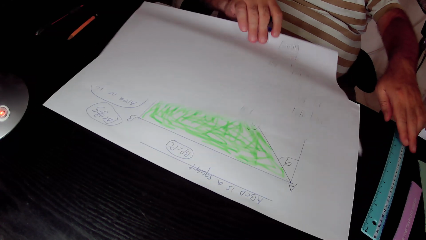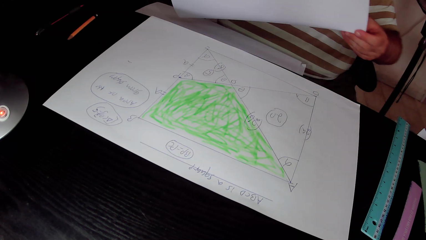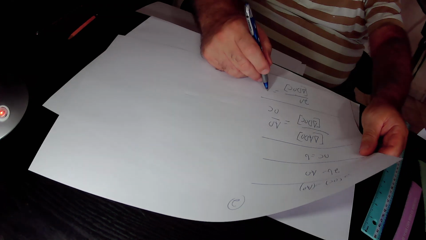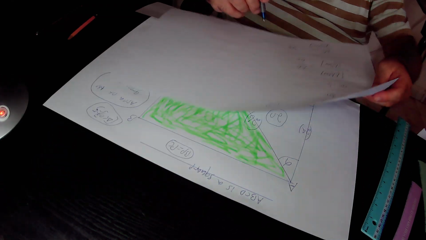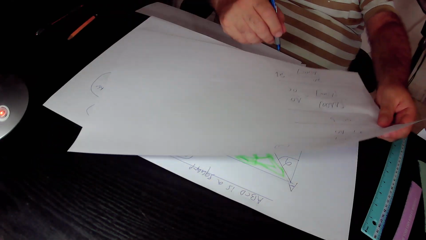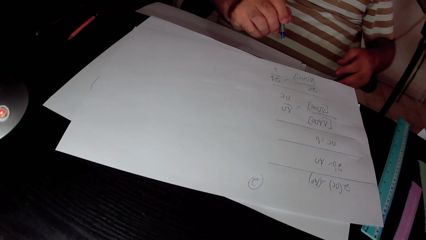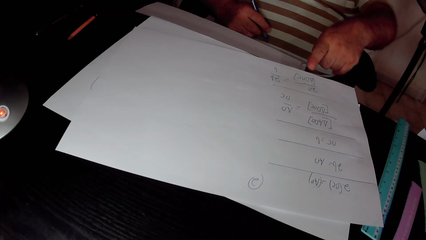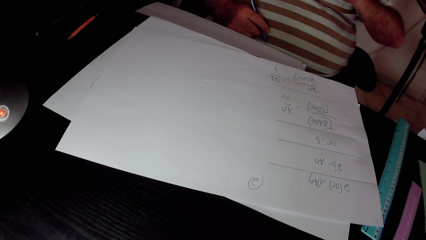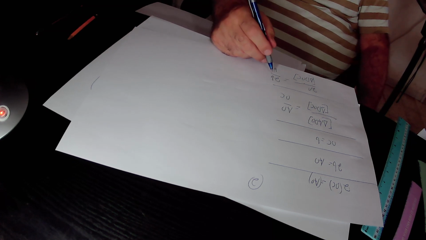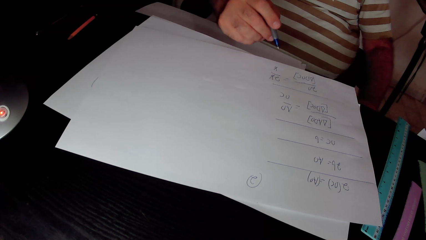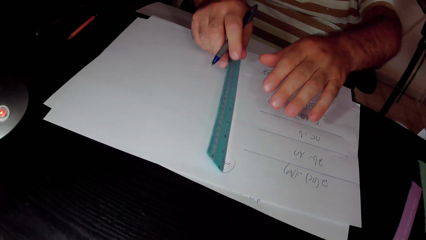And it is equal to AO, which is 2B, over OC, which is B. So 20 over the area of triangle DOC is equal to 2B over B. B will get cancelled and we are left only with 2.